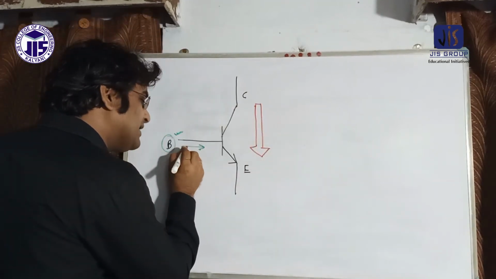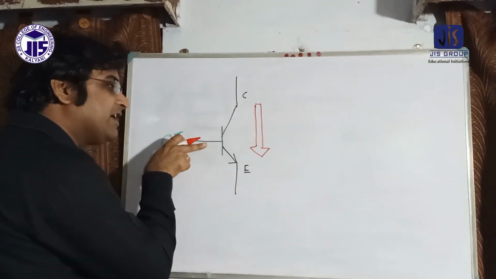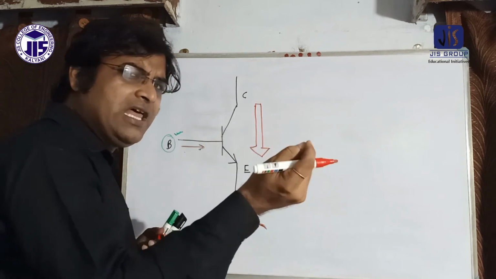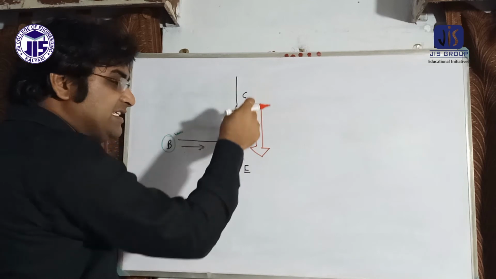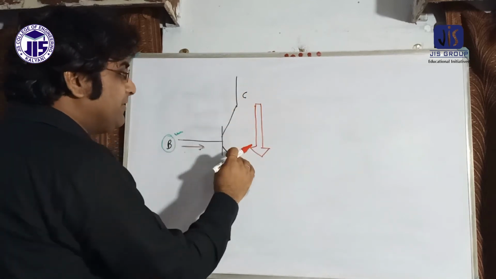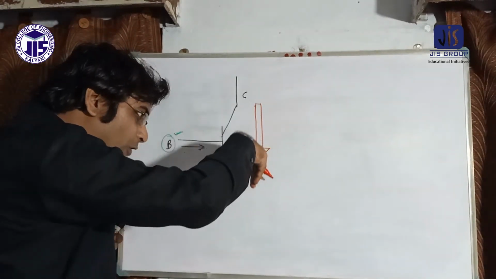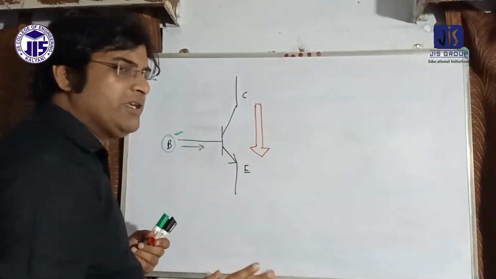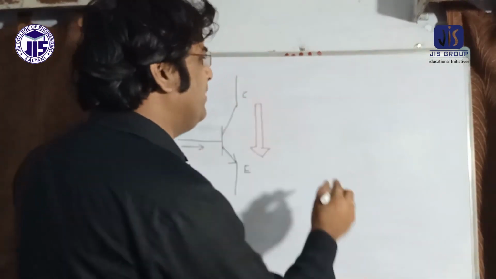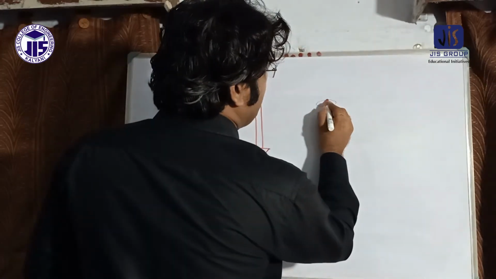Even if I increase the current in the base very slightly, collector to emitter resistivity decreases and a huge current flows. I am just giving you a very simple example. I think you can understand.